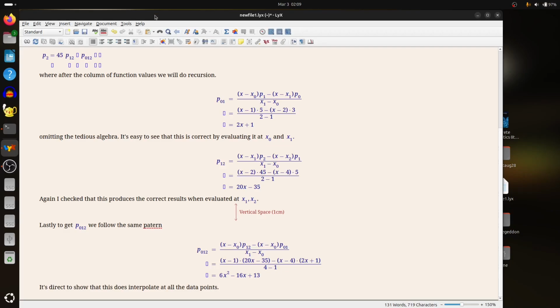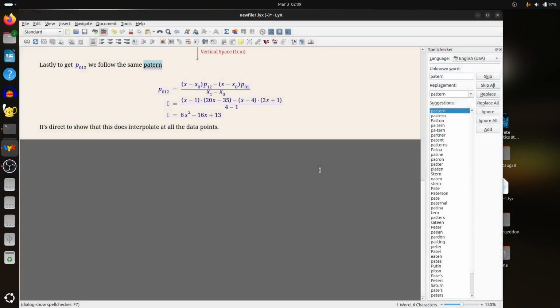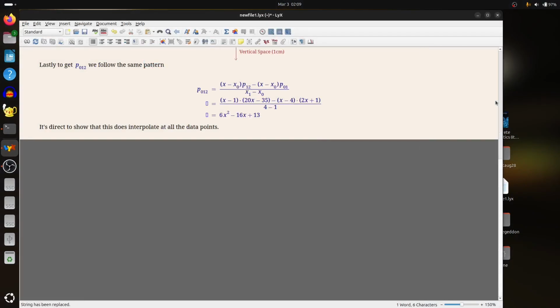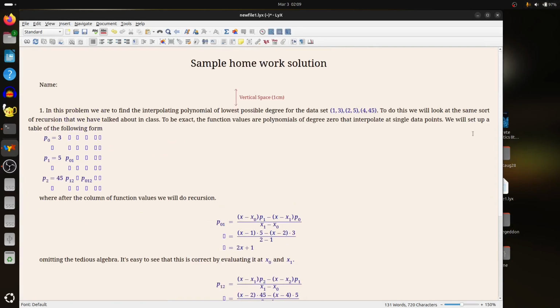So now, two things. One, I know for a fact I misspelled pattern, so go back up to the top. So this tells me I'm up at the top.